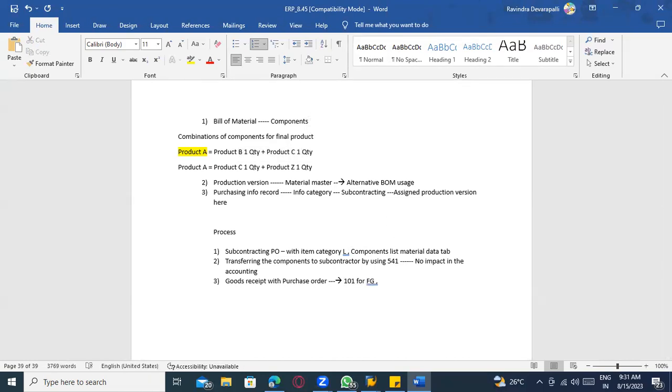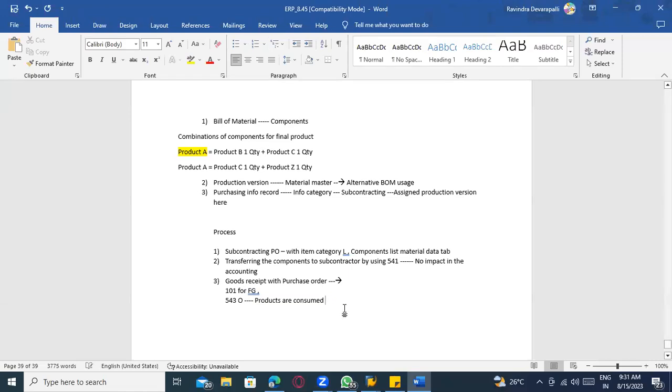So when the products are consumed, the system will trigger the 543 O movement type, saying that the products are consumed. So 543 O is for the component consumption, and 101 is the FG product.